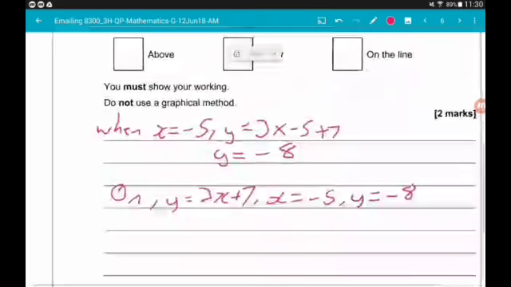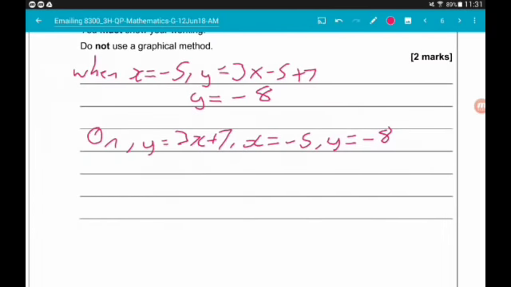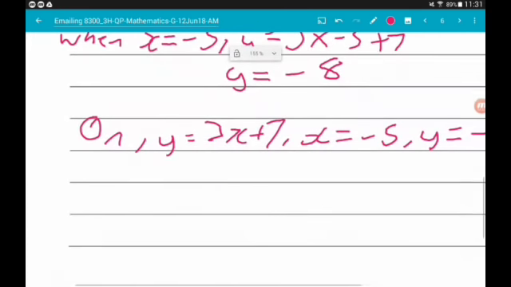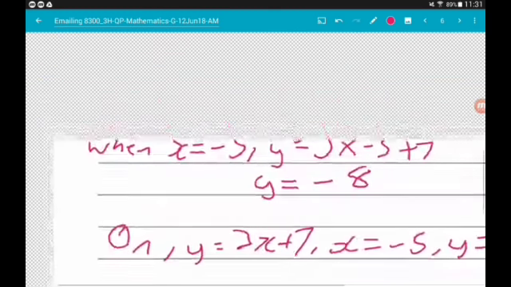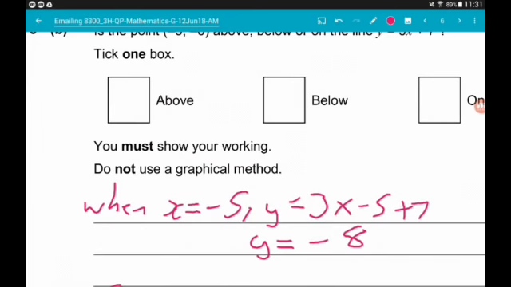Now, on the line, when x is minus 5, the y coordinate is minus 8. So, minus 6 is above minus 8. So the point (-5, -6) is above the line.